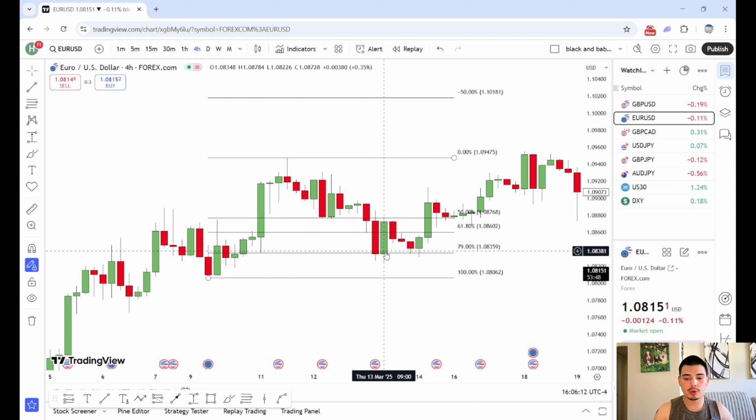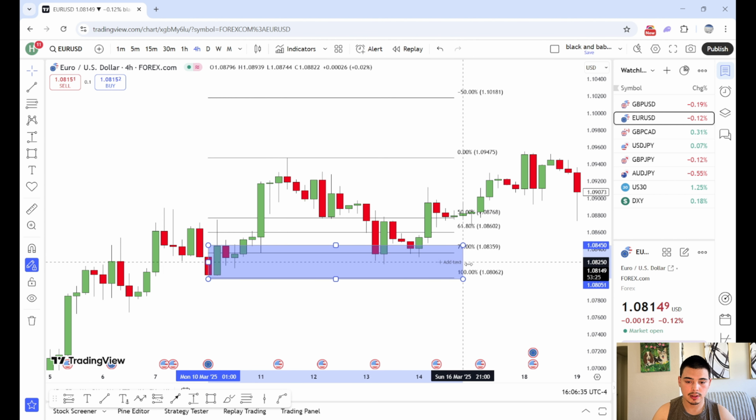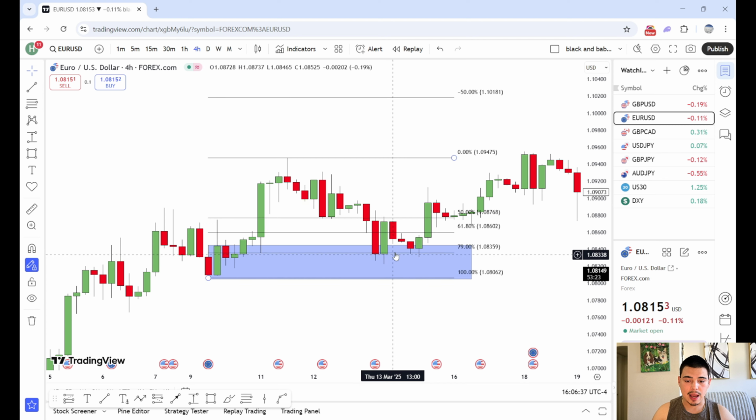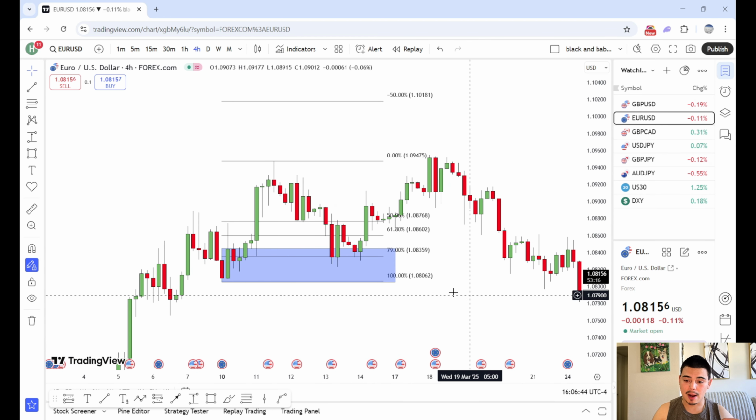This is your optimal trade entry area, and you don't want to use it on its own. You want to stack it on top of other PDAs that we just discussed, specifically a fair value gap or an order block. And you can see in this scenario, we have this down close candle right here, and better yet, you actually have this one right here, the last down close candle, and it taps into optimal trade entry right here, then price moves away from that. That's a bullish example of that optimal trade entry.